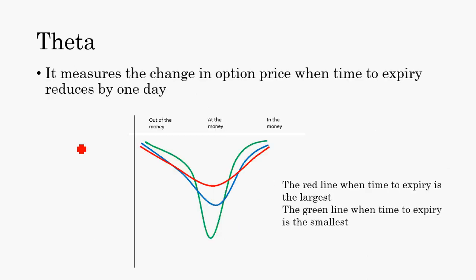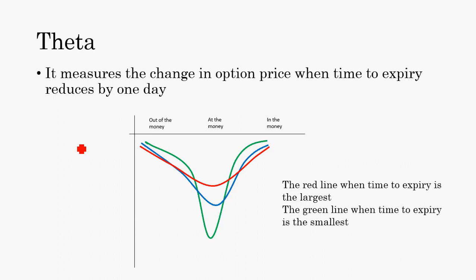The next option Greek that we are going to look at is theta. Theta talks about the time decay that will happen in an option premium. We know that any given option premium will have two components in it. One, the intrinsic value, and the other, the time value. So the time decay, or the measure of impact of change in time to expiry, which is called as theta, will be generally higher when the time value is higher.